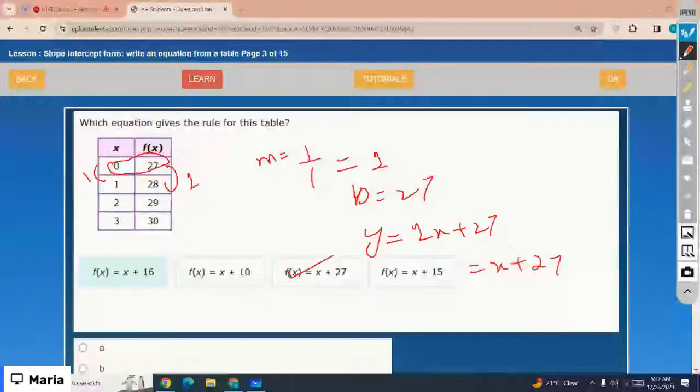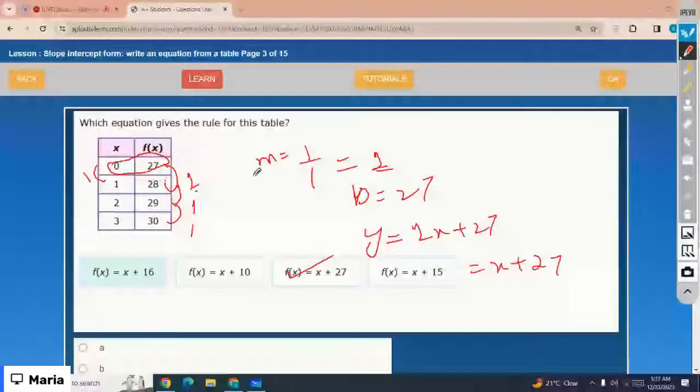When you are given a table, you have to calculate the slope and the y-intercept from the table. Each consecutive value has a difference of 1: 28 minus 27 is 1, 29 minus 28 is 1. So the x values are changing by 1, and the slope is 1.